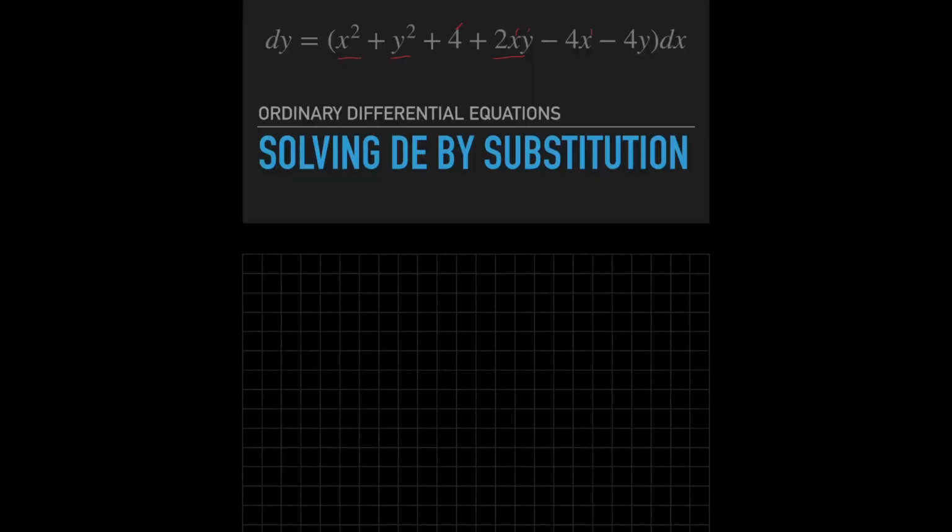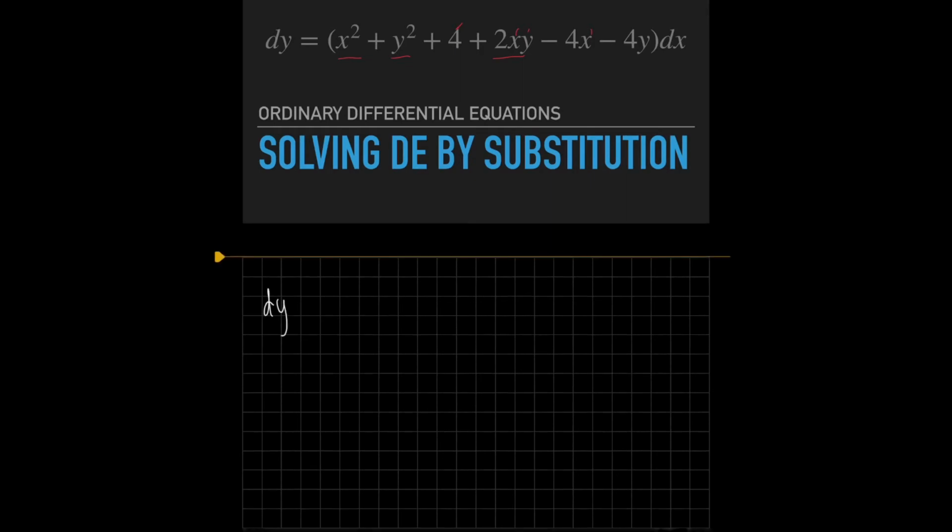So if I just write that again, that will be dy equals x squared plus 2xy plus y squared, then you have minus 4 times (x plus y).